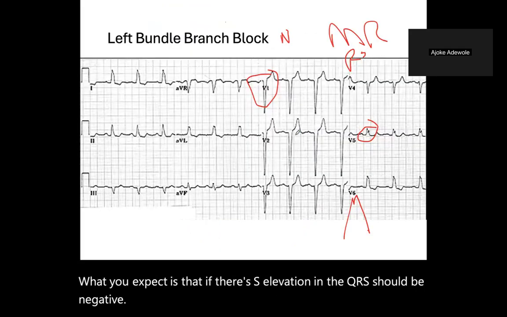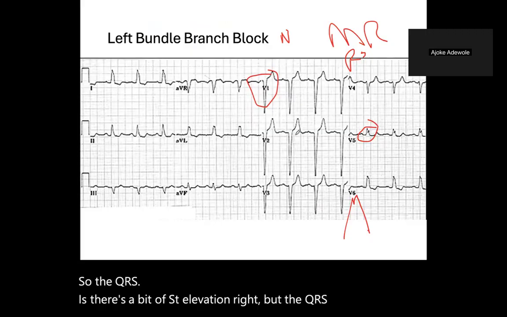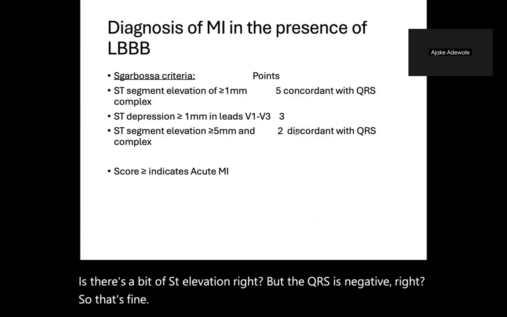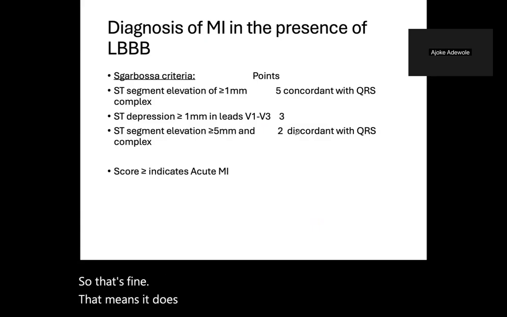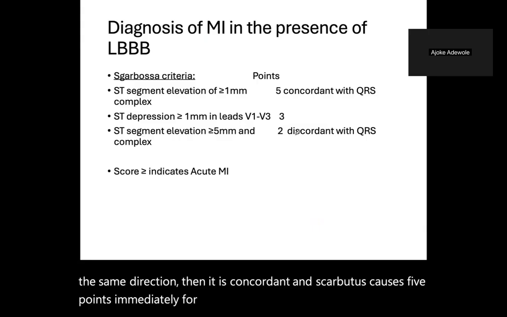There's a bit of ST elevation, right? But the QRS is negative, so that's fine. That means it does not fulfill the criterion, because if they are both facing the same direction, then it is concordant. And Sgarbossa scores it 5 points immediately for that, right?